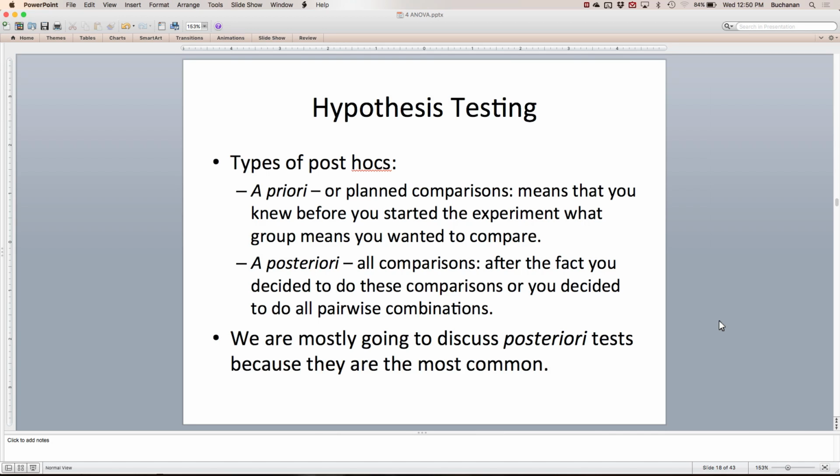A posteriori or posterior means after the fact, it's kind of like, screw it, let's do everything. I want to know what happened. So I'm going to do all pairwise comparisons, or you didn't really plan it. You just kind of did them all. We're going to discuss posteriori tests because that's the most common.